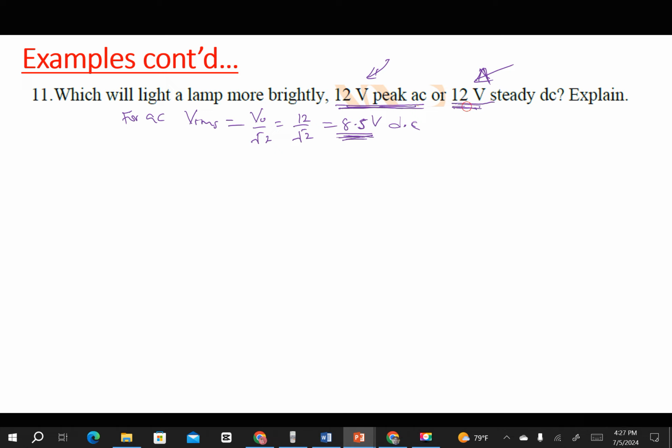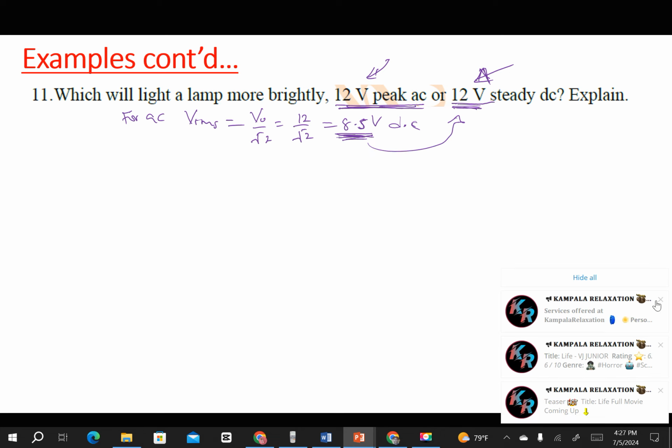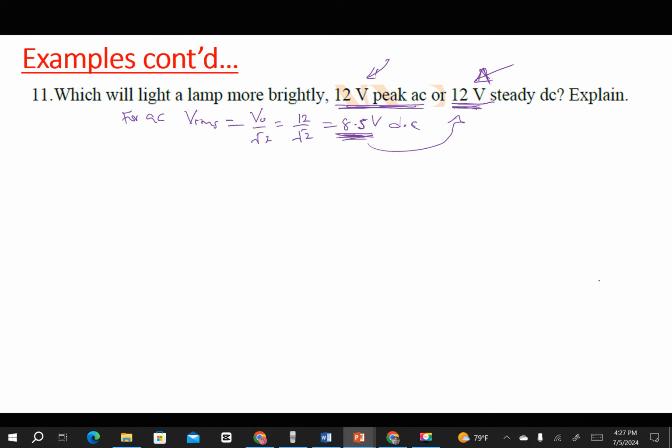It is going to be 12 volts steady DC, because for 12 volts peak AC the effective voltage is going to be 8.5, which is less than 12 volts. So it means 12 volts DC is going to be brighter.